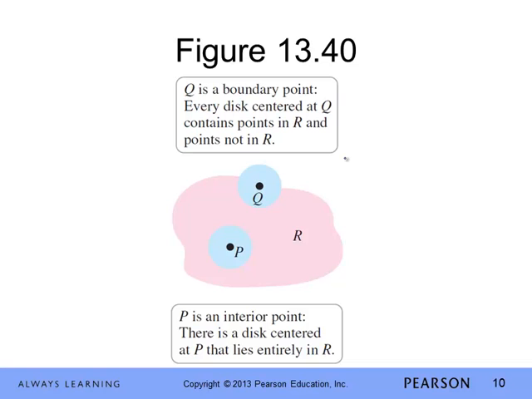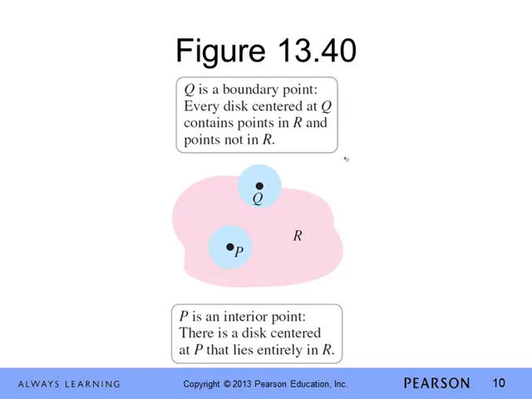So here's a picture to illustrate what we were talking about. So we got some region R on the plane. That's the pink blob. And here's point P, and it's our interior point.